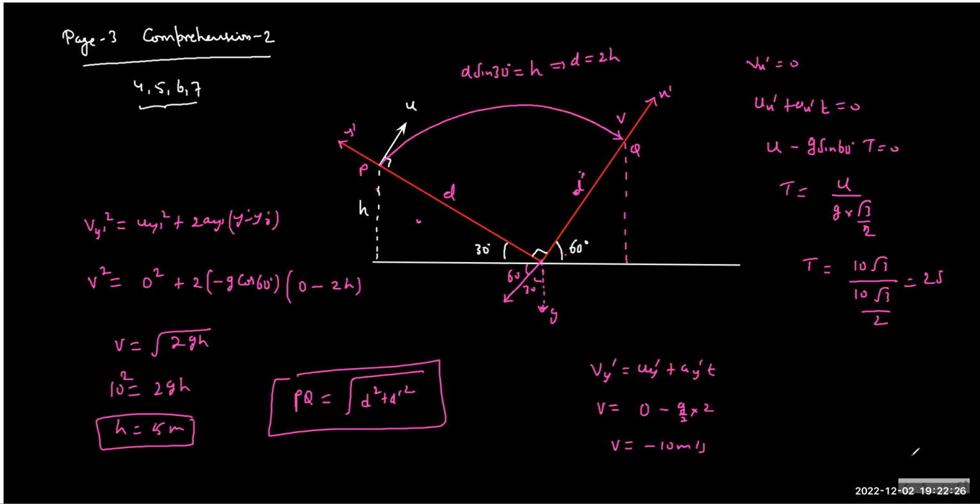Rugved, Siddhant, tell me what is the answer? Yes, sir. 20. So I think that's the correct answer, if everyone is getting the answer. Harry, you got the answer 20? Yes, sir. Very good.